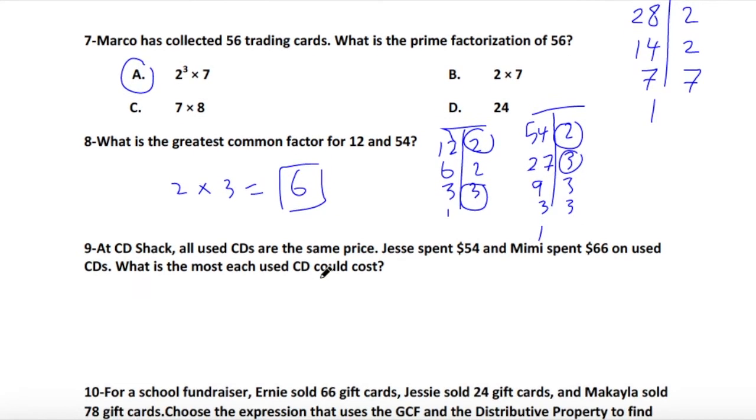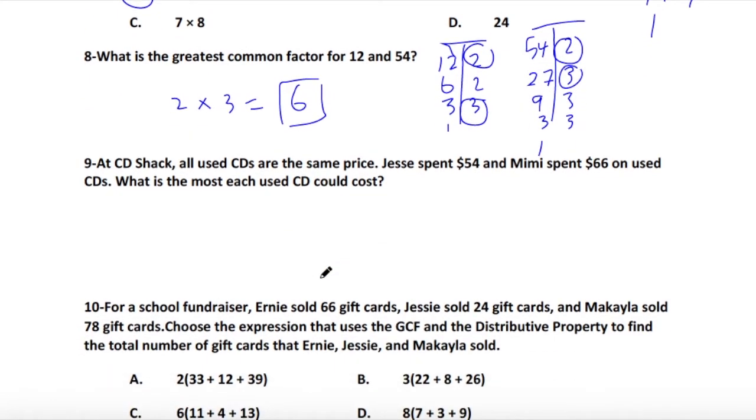Next one, at CD check. All used CDs are the same price. Jesse spent $54 and Mimi spent $66 on used CDs. What is the most each used CD could cost? This problem is about GCF.